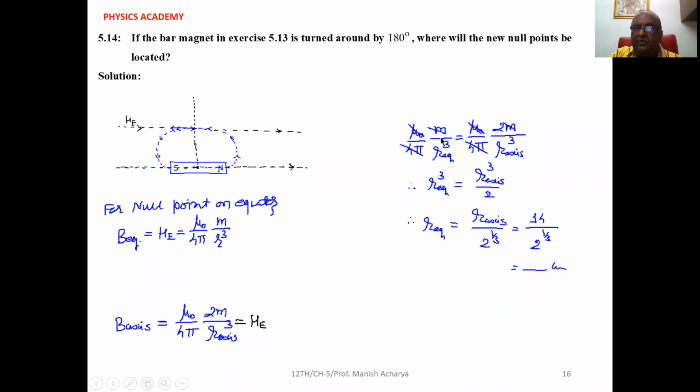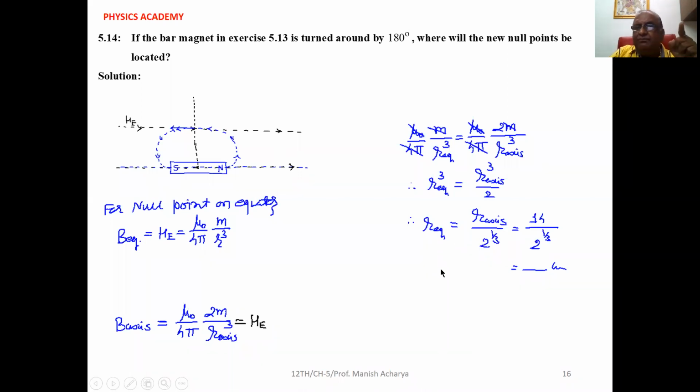So mu 0 upon 4 pi, m upon r equator cube, is equal to mu 0 upon 4 pi, 2m upon r axis cube. So r equatorial cube is equal to r axis cube upon 2, as the constants are cancelled. So r equatorial is r axis upon 2 raised to 1/3.